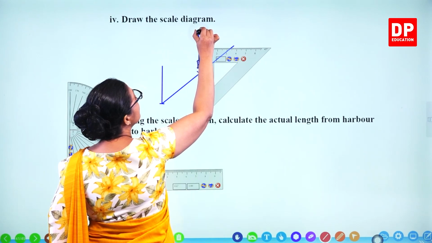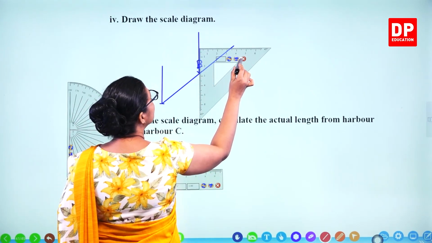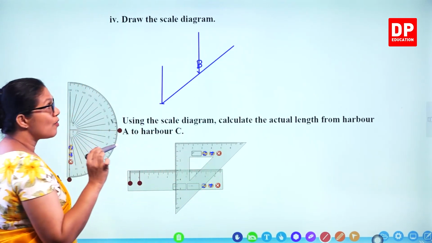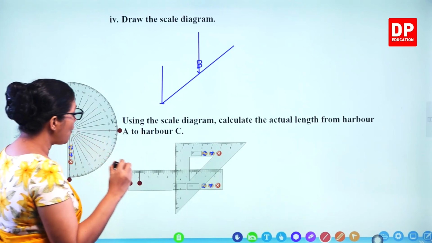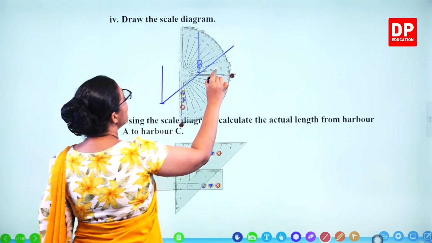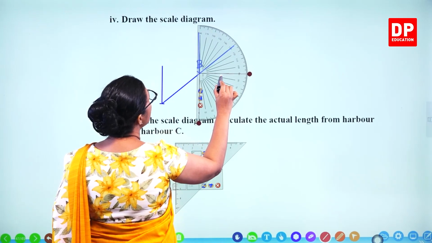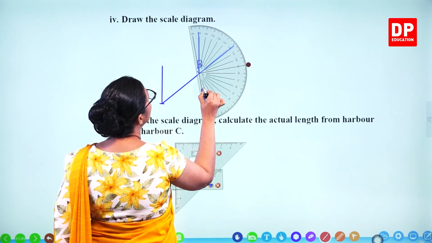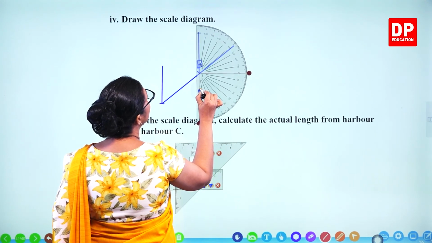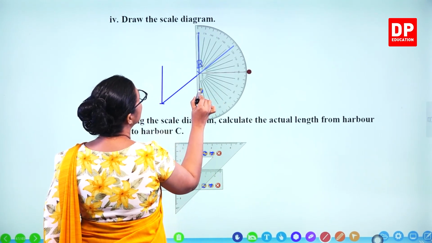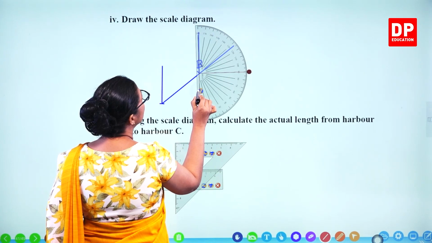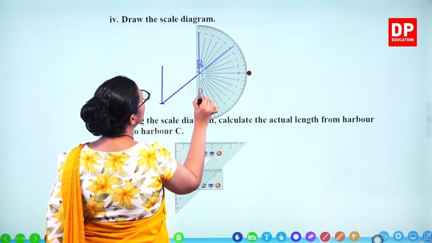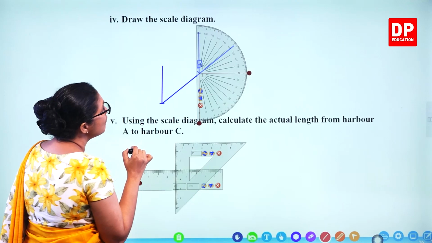This is the north line. Now to that north line we have to measure 140, from here to here. 140.